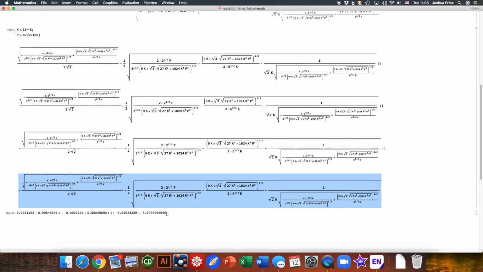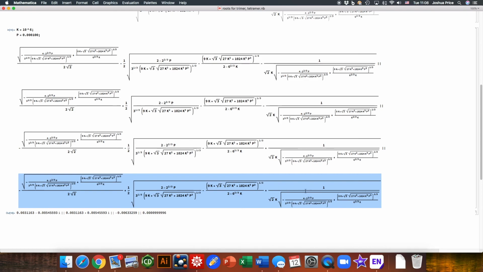So this tells us that at this value of k, when k equals 10 to the 6 and p equals 100 micromolar, you can expect 99 micromolar to be in the monomer state. Interesting. All right, so with that, we will now use this expression.